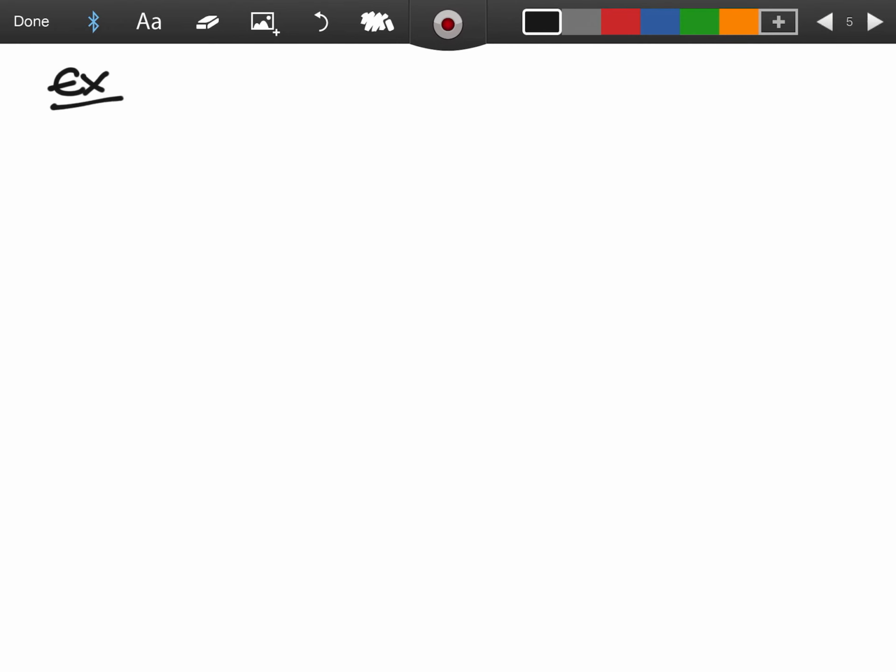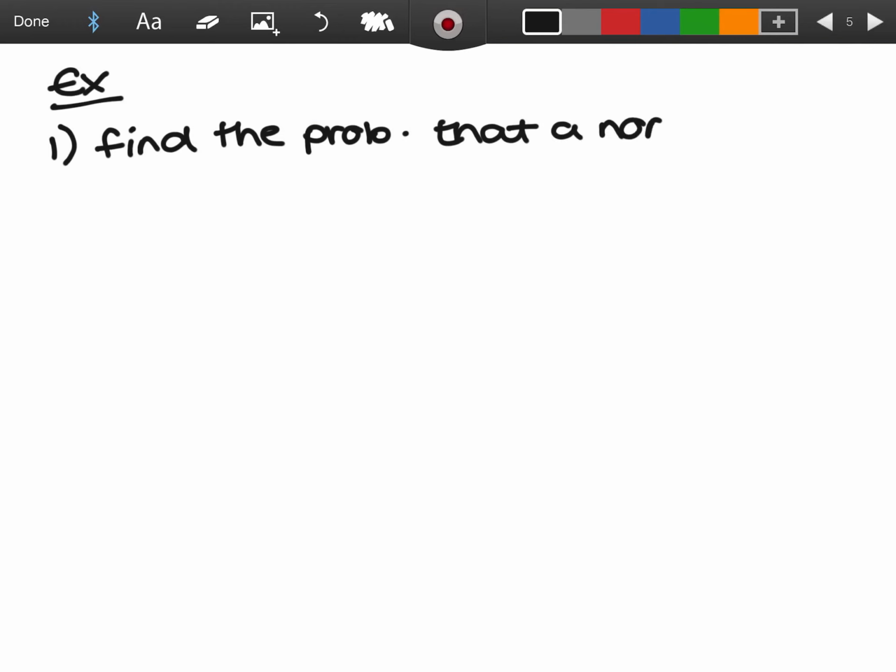So let's go ahead and do some examples of this, okay? Some of these you can either use a Z transformation, or in some cases you can actually just go ahead and plug some stuff into your calculator. It depends on the type of problem, and I will show you that as we go through. Okay, so the first example that I'm going to do is to find the probability that a normal random variable, so we're not in standard normal anymore, it's just a normal random variable, we're going to have a different mean and a different standard deviation.